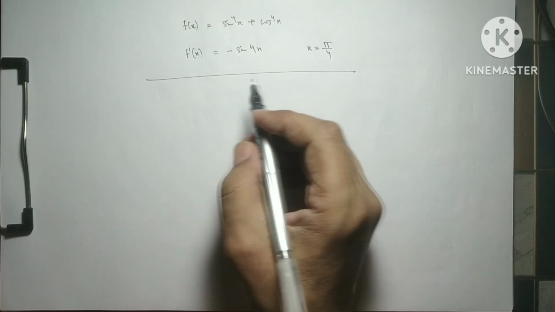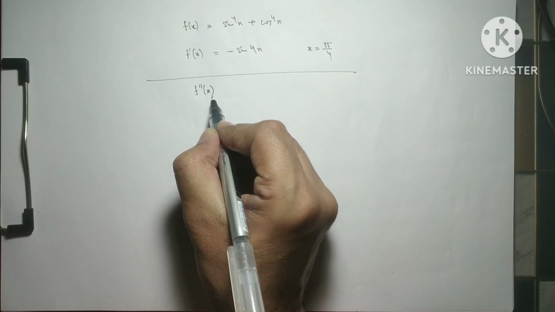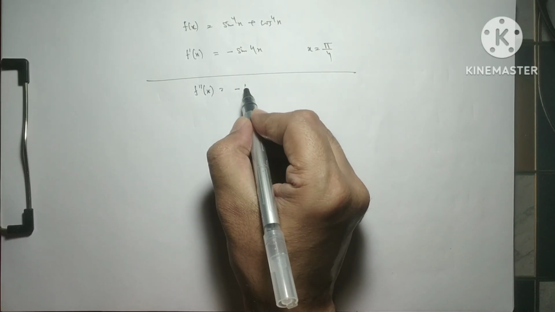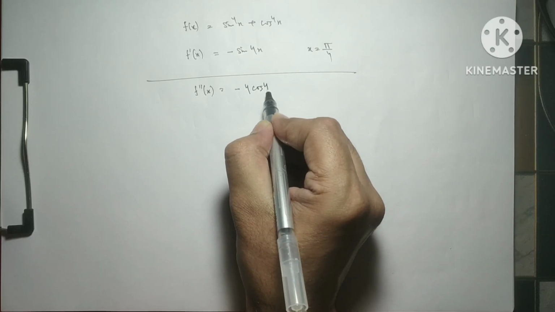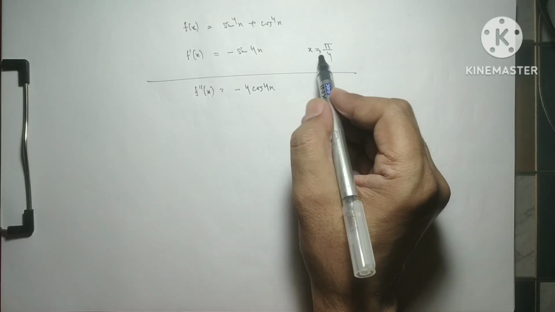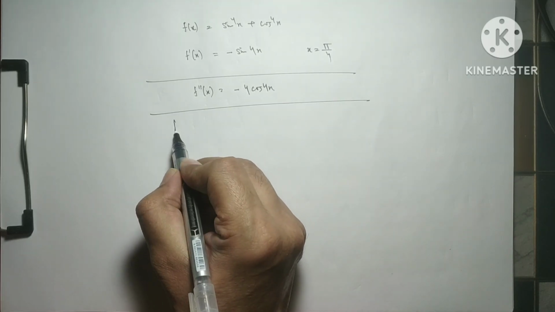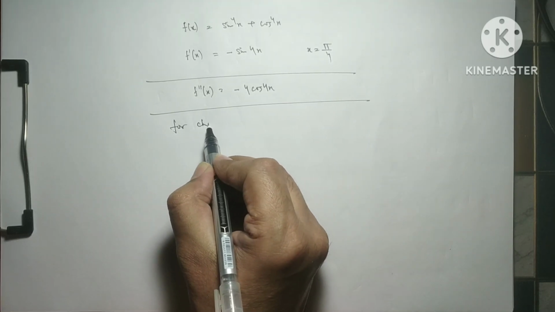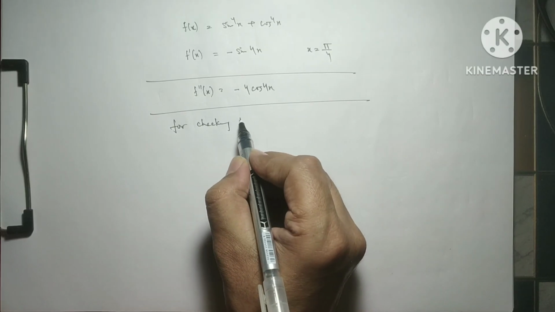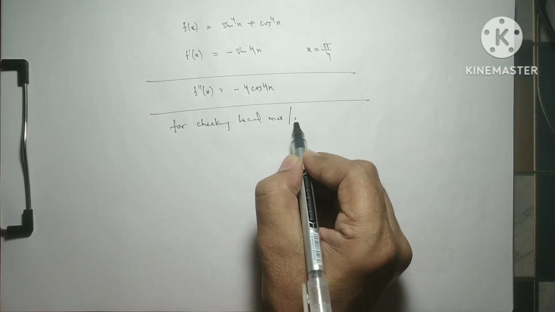So now you go for the second derivative f double dash x, so it will be minus 4 cos 4x. So you will check the maxima or minima at this value. So put this value for checking local maxima or minima.